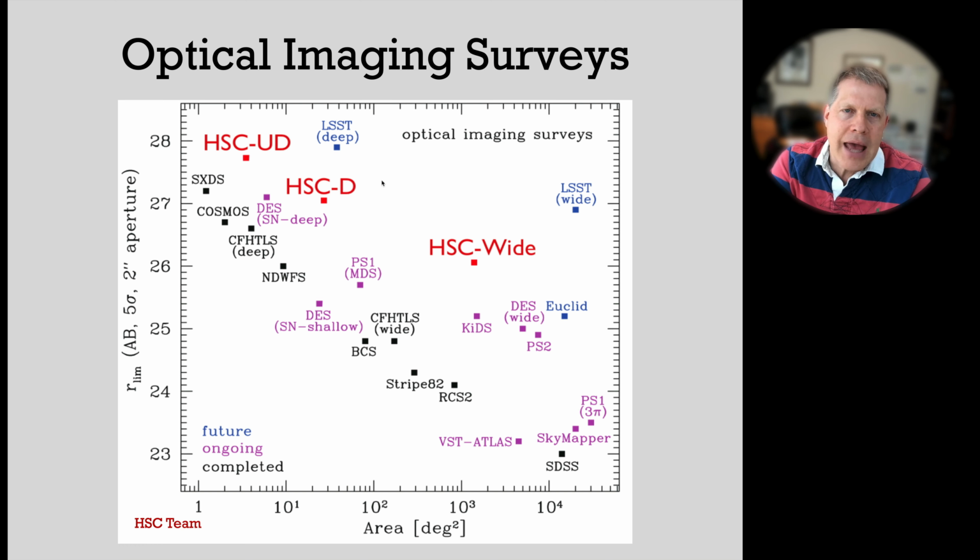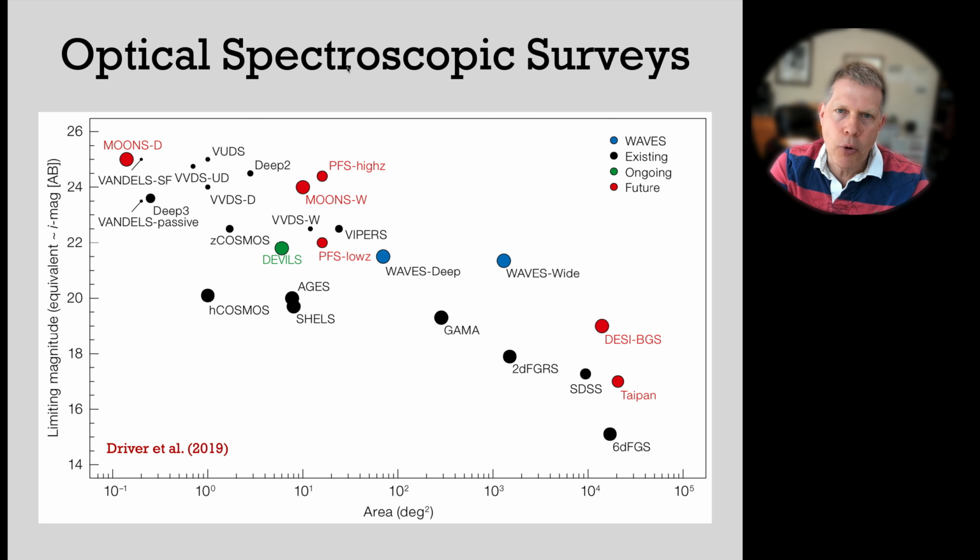Of course, going hand in hand with these are the extremely important optical spectroscopic surveys. Here is another similar plot, limiting magnitude versus area, and again with the different surveys color coded. And there are many extremely powerful spectroscopic surveys now, spanning a wide range of solid angle, a wide range of depth, pushing always again toward the upper right, getting larger samples to greater sensitivity over larger areas of sky.